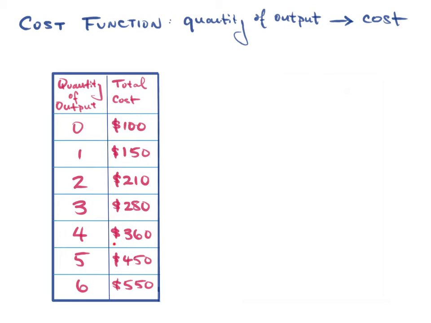To produce 4 widgets, they've priced that out. The firm could produce 4 widgets for $360. And up here at the top, 0 widgets would cost $100. In other words, that $100 is the fixed cost for the firm. It pays that cost regardless of how much it produces.